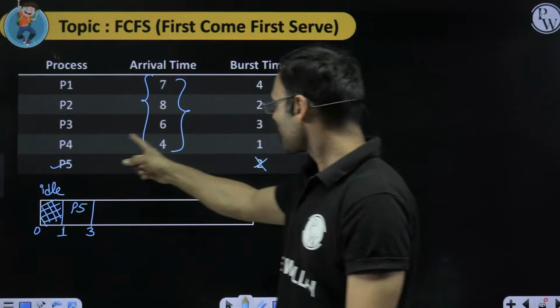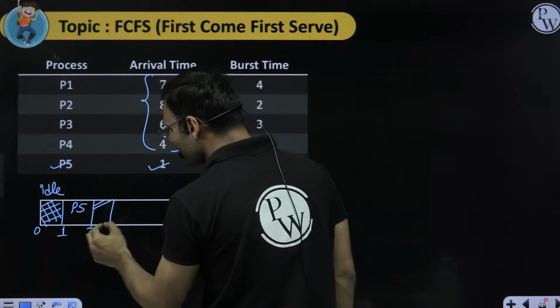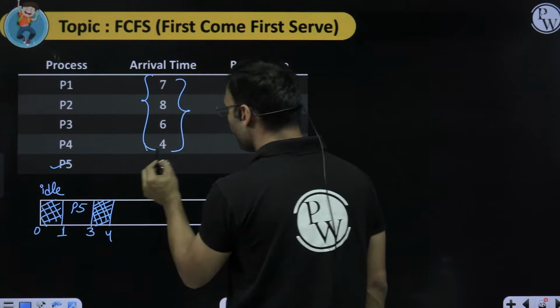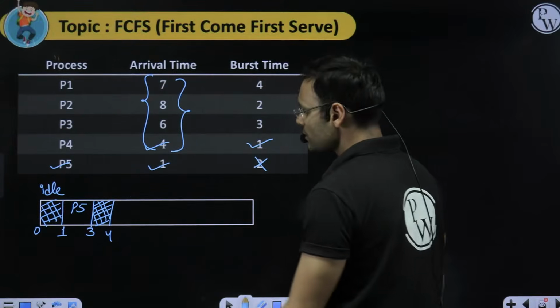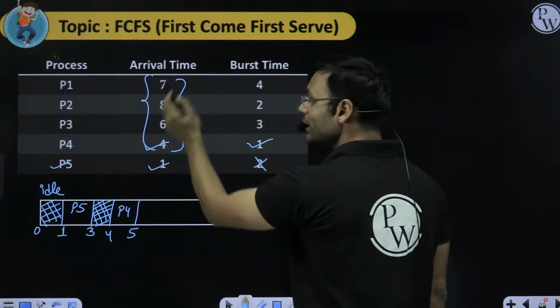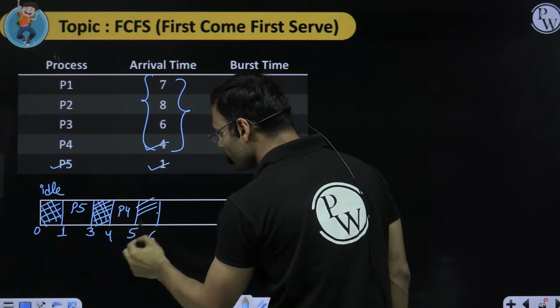So P4 is arriving at what? 4. 3 to 4, CPU will be again idle. Then at 4, P4 runs for one time unit till 5. Now at 5, there is no process again. From 5 to 6, again CPU will be idle.